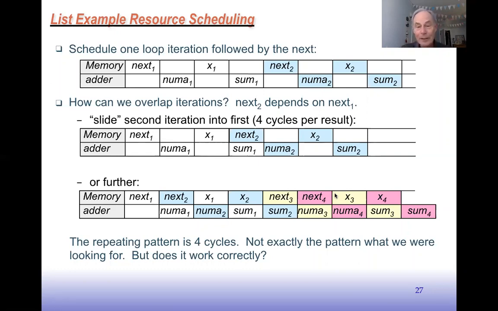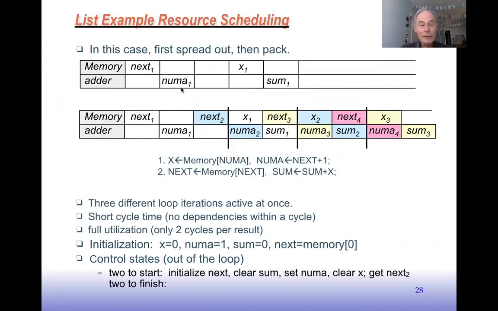There's actually a simpler way, and I'm going to show you. If you take this one iteration and spread it out a little bit, so we put an empty cycle in here, which sounds like the wrong thing intuitively, but if we do that, then the white iteration is here, and the blue one is there, and then the red one, the yellow one is there, and so we get this really nice packing, so that we have two cycles of this characteristic section that represents the two cycles of the computation that we want, right?